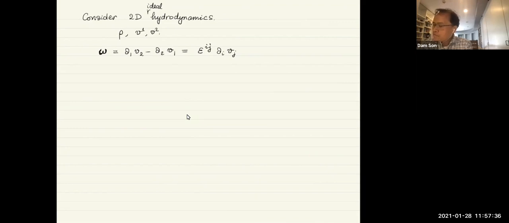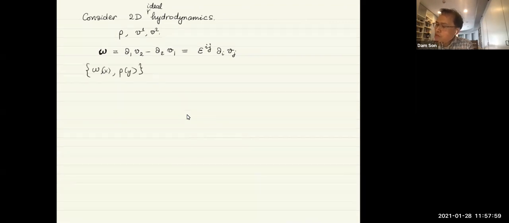Okay. So now let's try to compute the commutator of omega, the Poisson brackets that involve omega. So one thing that one can do right away is that the commutator of omega with rho is pretty simple.